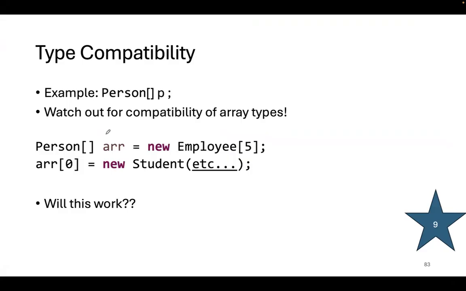Type compatibility, the thing we talked about for methods, also works for arrays. So if we want to have an employee array, we could create it as a person array if we wanted to. But then we can't put a student in there. Maybe. Let's test it.